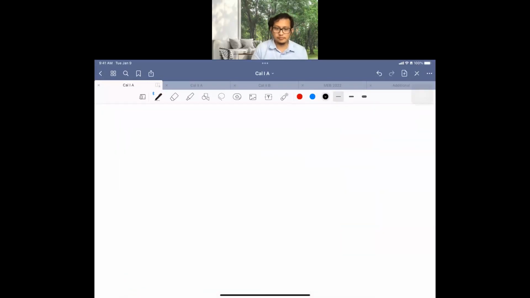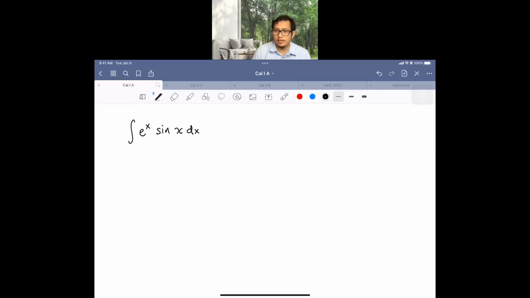So what if we have e to the x and sine x, and then dx? Okay, you can use the old way using uv minus integral v du.